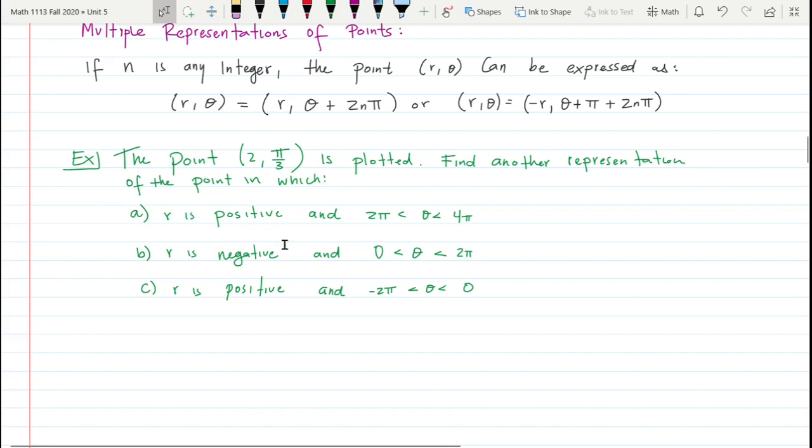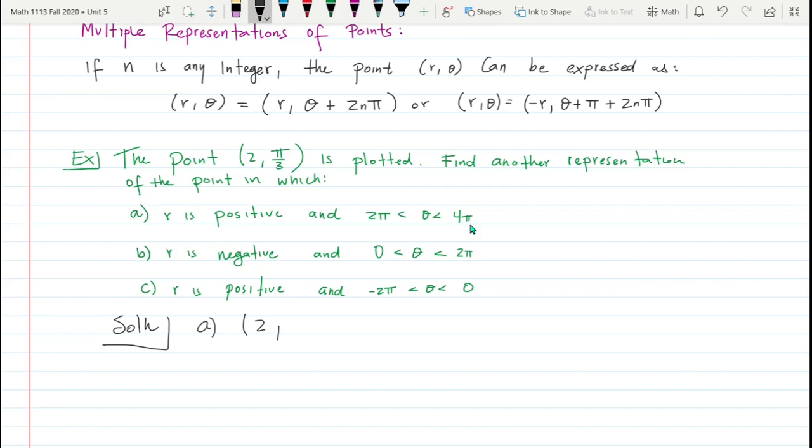So graph this point 2, pi over 3, keeping the radius positive, but the angle has to be between 2 pi and 4 pi. So we'll just say solutions right here underneath. Keeping the radius the same or positive, right? I can't change the radius, otherwise I'm going to end up in some other point.